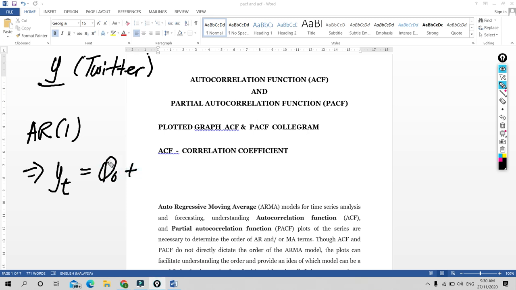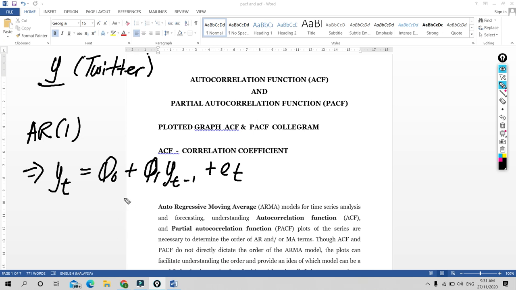You can put the constant or you can delete the constant here. This doesn't matter. This is not very important. This is a basic model.